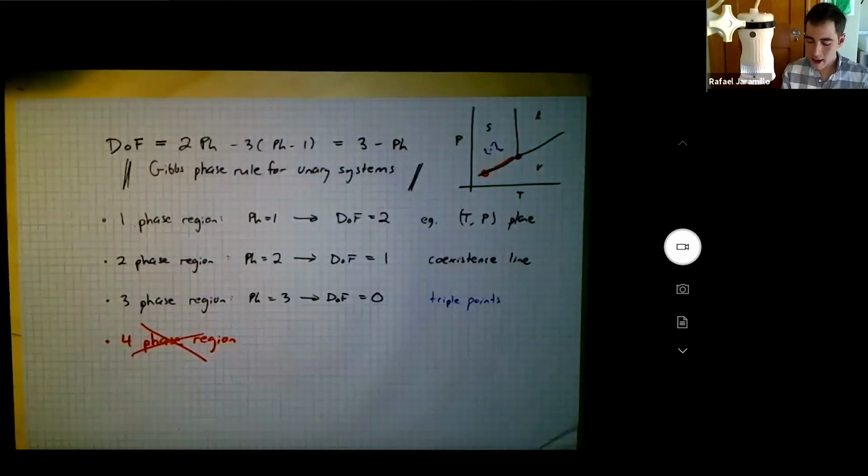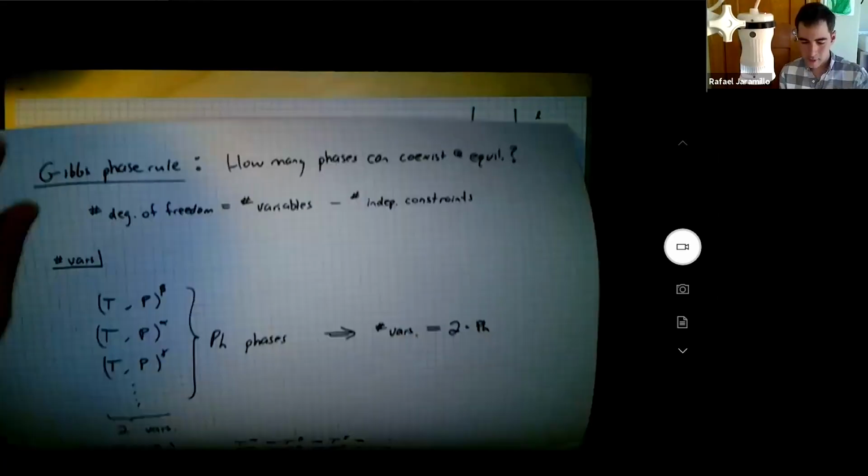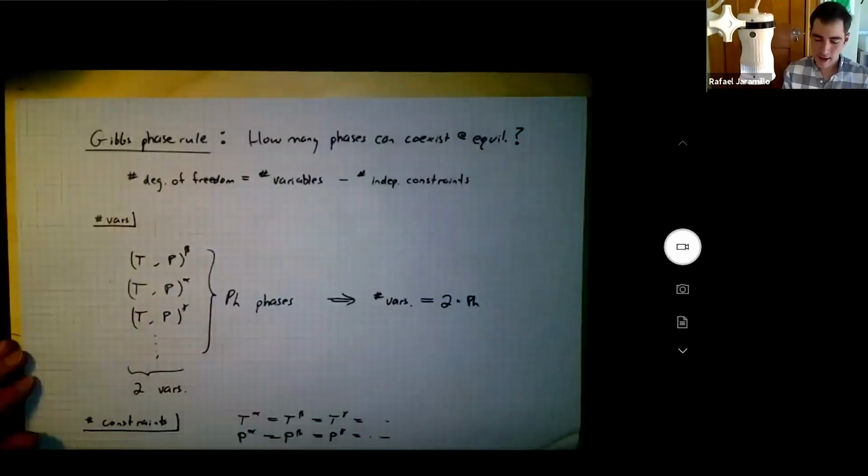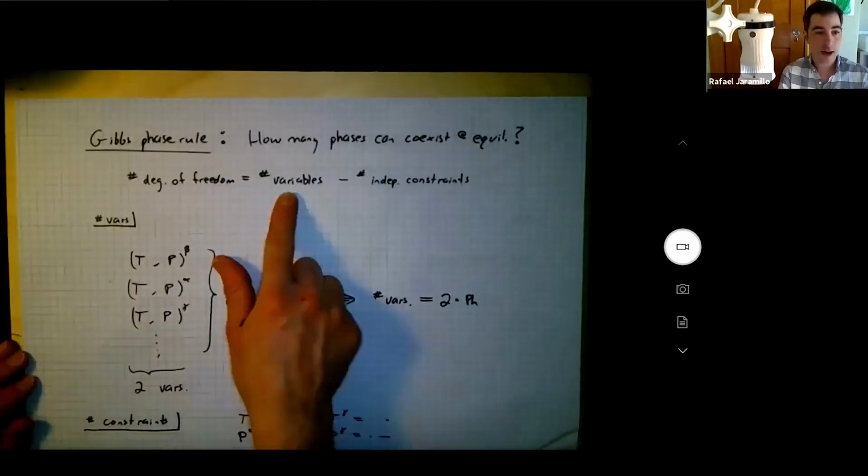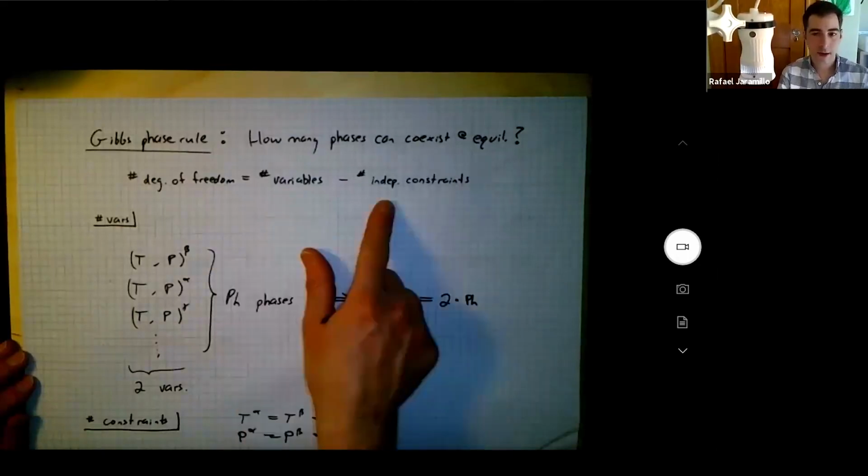How do I get a 4 phase region? Does anyone know? There are 4 phase equilibria in nature. They're allowed, but they're not allowed in unary systems. How do I get a 4 phase coexistence? It happens if I somehow increase my number of variables faster than I increase my independent constraints.